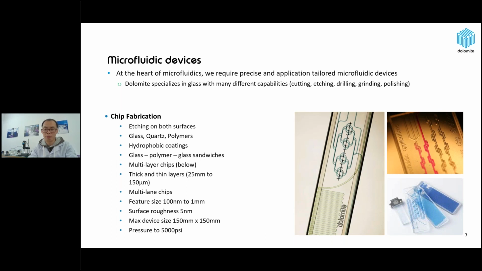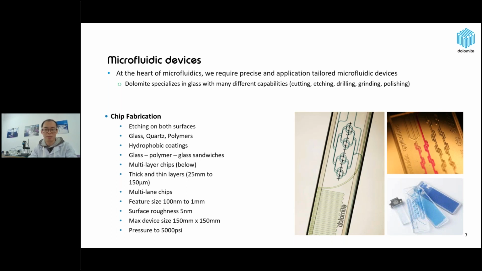But Dolomite specializes in glass, so it needs specific note of these small vessels. We are the world leader in glass chip fabrication, so we have developed the capability to machine glass almost as easily as people can on different materials. For example, we can cut, etch, drill, grind and polish.